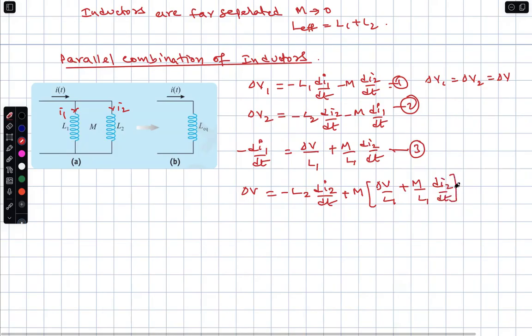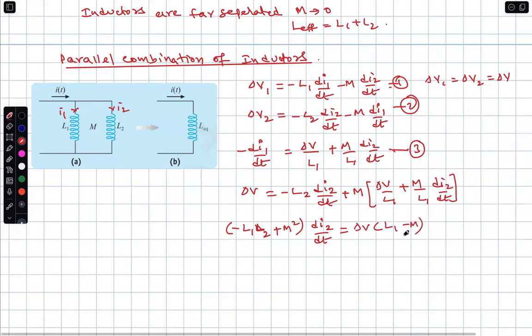Right. If you write this properly, you will get the condition minus L1 L2 plus M square di2 by dt is equal to delta V times L1 minus M.